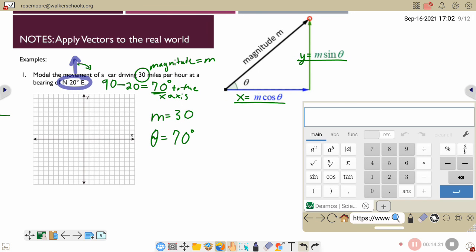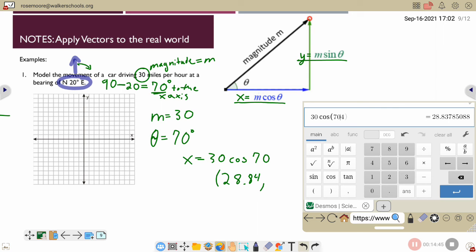Alright, so for my x coordinate, I'm going to do 30 cosine 70. So I'm going to literally type 30 cosine 70. Okay, and so that's going to be 28.84.